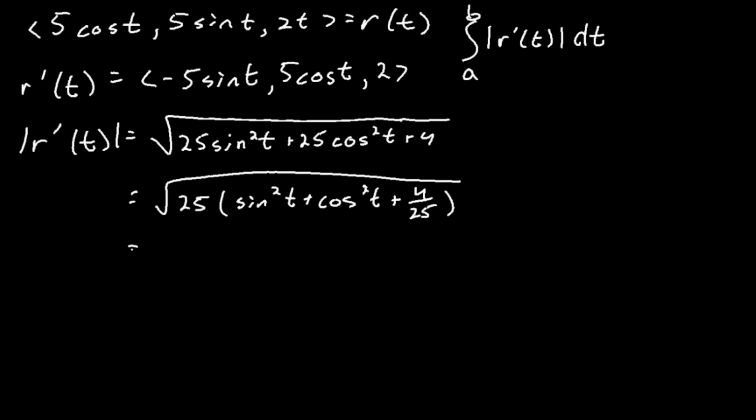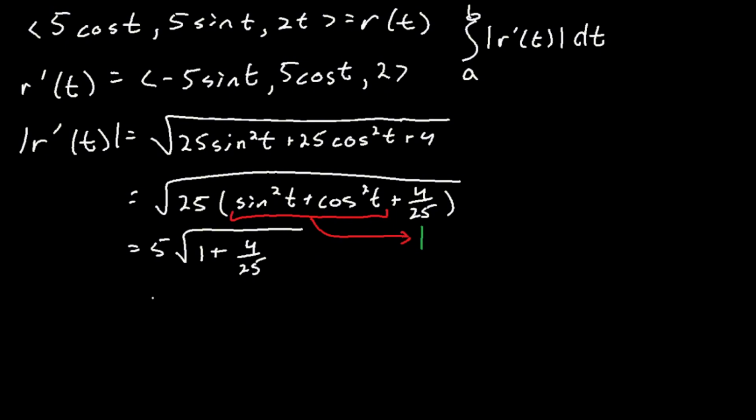And this 5 turns into a 5 out here, the root of 1 plus 4 over 25. This right here, again, turns into a 1. And I just factored out the 25 to get 5 on the outside of this equation.